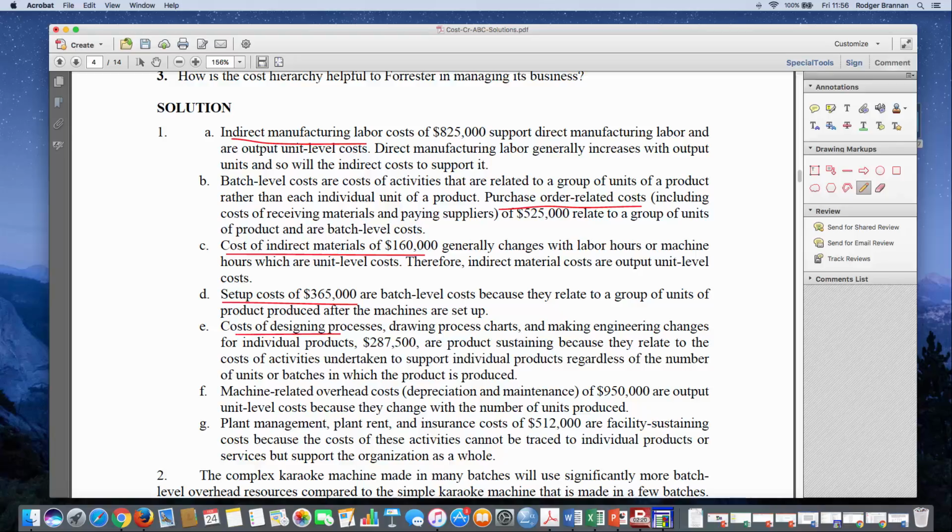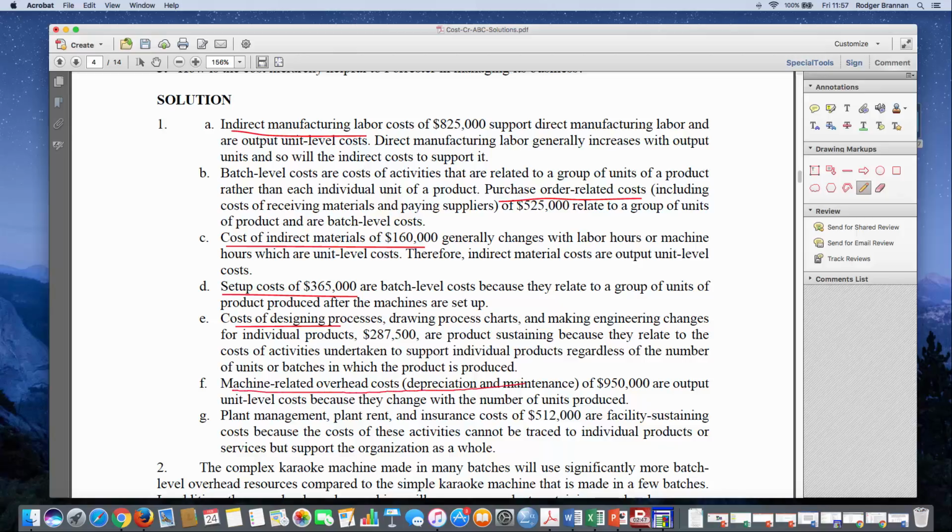Designing is always going to be a product level cost. So again, as I move from unit to batch to product level cost, I'm losing some specificity. I'm losing a certain degree of exactness or accuracy. But if I can associate this with a particular product, then I can average it over the total units that I might produce with that redesign.